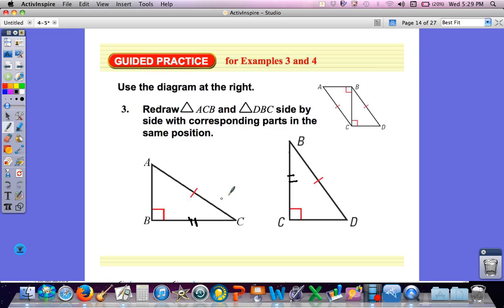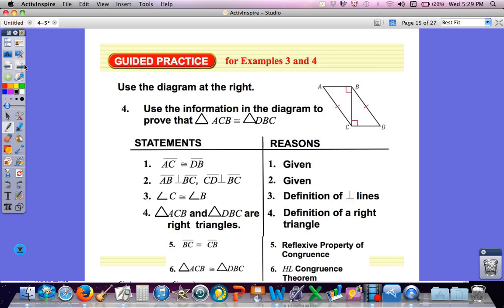So I've shown that the hypotenuses are congruent, and that one of the legs is congruent, even though it doesn't look like it. They are right triangles, so by the hypotenuse leg congruence theorem, they're going to be congruent.